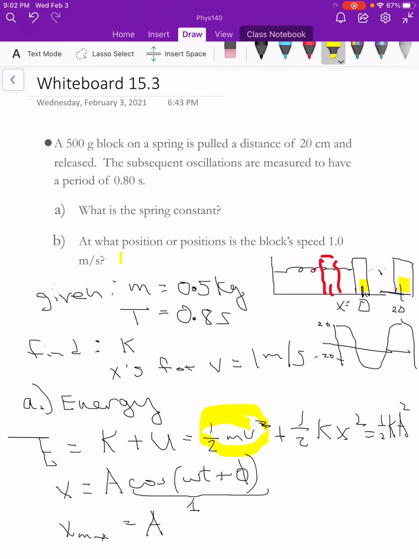So if I have all of my energy in potential energy, meaning the spring is fully stretched or fully compressed, then my maximum energy is 1/2 kA squared. But I also know that when x is equal to 0 and the potential energy is 0, my kinetic energy, 1/2 mv squared, is going to equal the total energy, 1/2 kA squared.